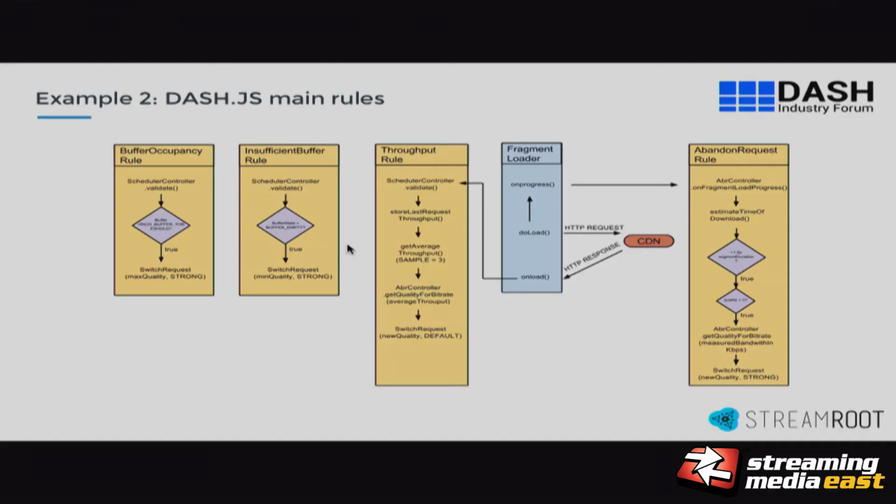So let's take a look first at the main throughput rule. This is quite like the HLS.js rule. It estimates the bandwidth first, but instead of taking the last segment, it actually smooths out the bandwidth by taking the average of the last few segments, which is 3 in the case of VOD and 2 in the case of live.